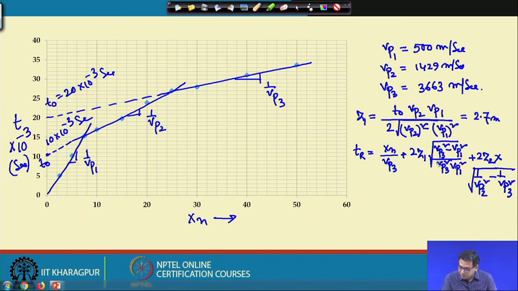So, this is also 1 by V p 1 square minus 1 by V p 3 square. Similar values here. So, here also if I extend these curves, this is the t 0 we are getting.